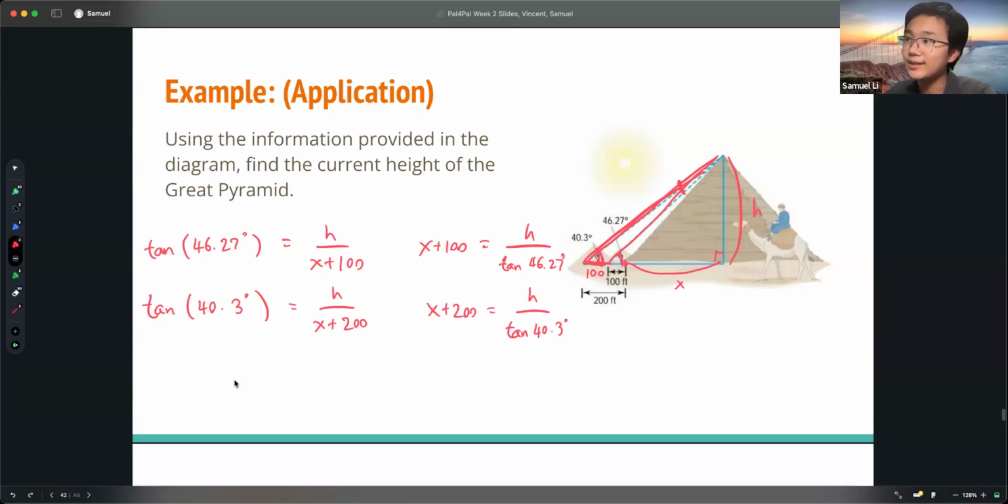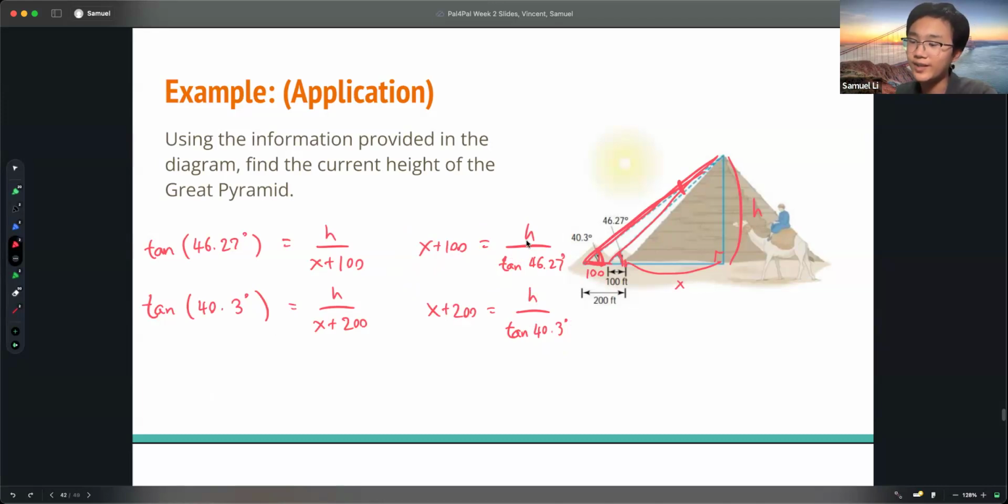What I mean by this is, from the first equation, we get that x is equal to h over tangent of 46.27 degrees minus 100. And from the second equation, we get that x is equal to h over tangent of 40.3 degrees minus 200. A common trope is that we have two different ways to compute one variable.